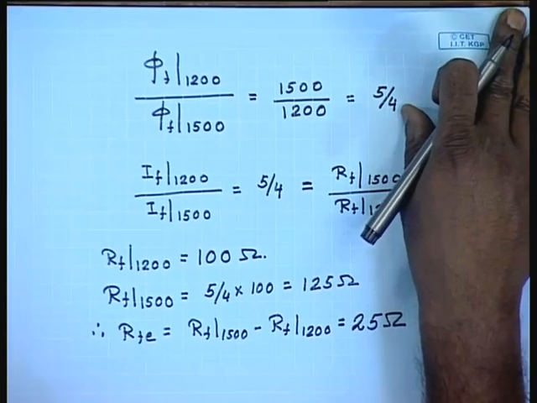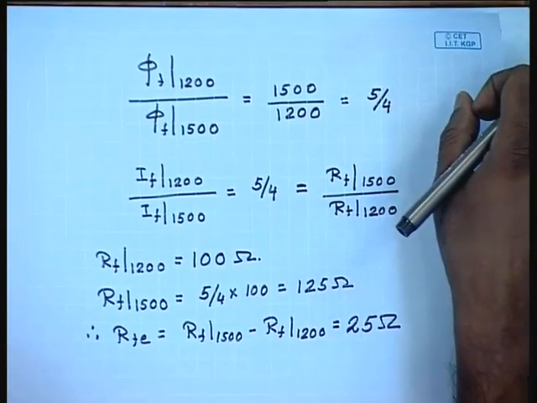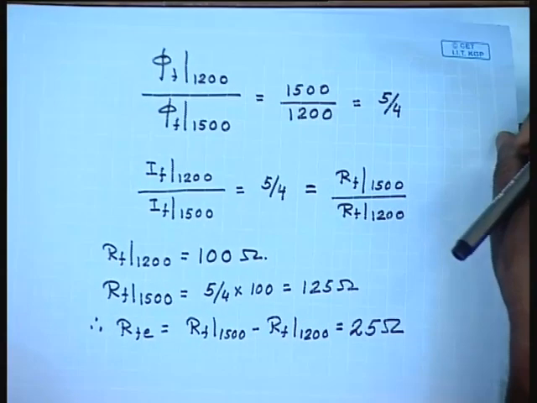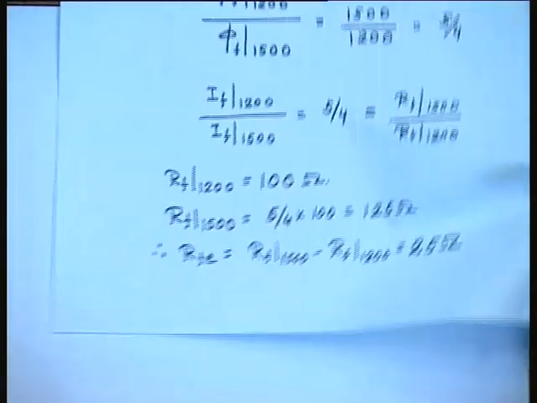Now, suppose the load current reduces to 100 ampere, what happens to the speed with this additional resistance in circuit?